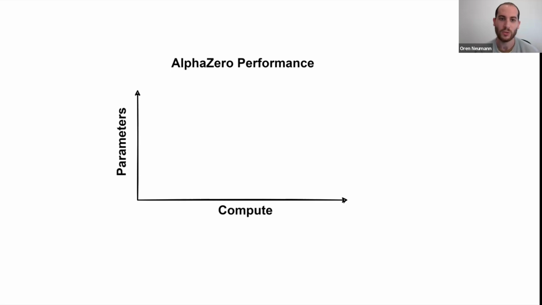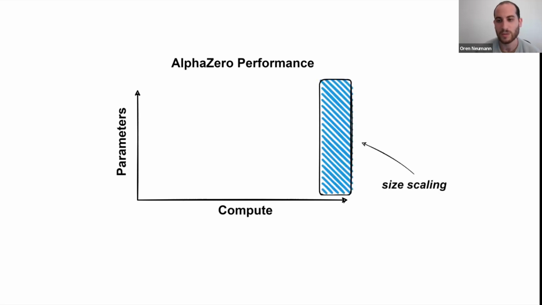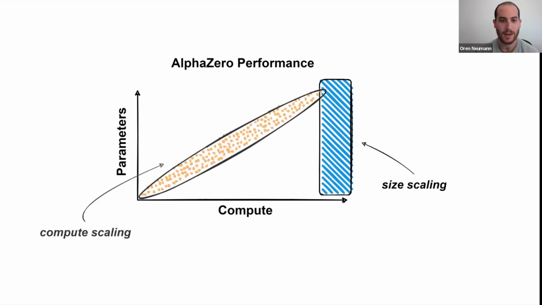We looked at 2 different axes, compute and parameters, and we found, in different regimes of this 2D space, 3 different power laws. The first power law we found was size scaling. We find this when we look at the limit of infinite compute. Performance scales as a power law of the neural network size.